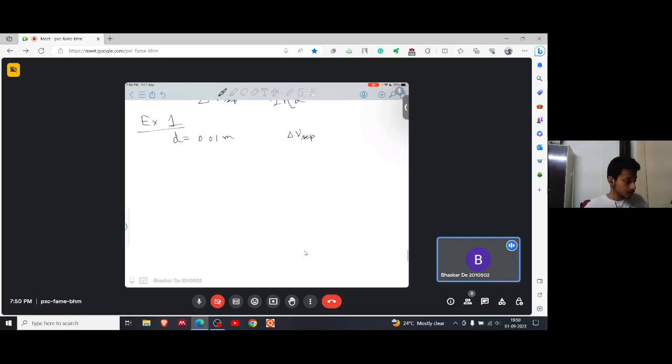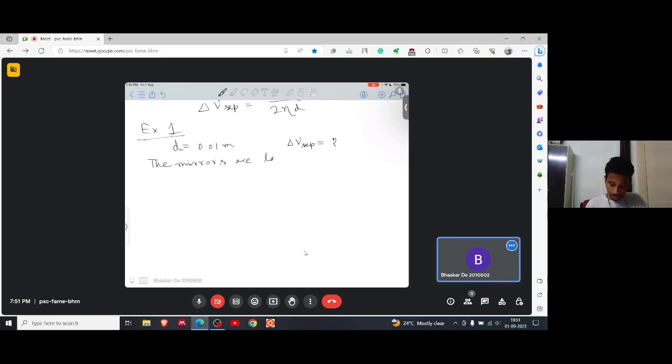Here it is mentioned that the mirrors are located in air, so we need to find the delta nu. That means eta will be 1.